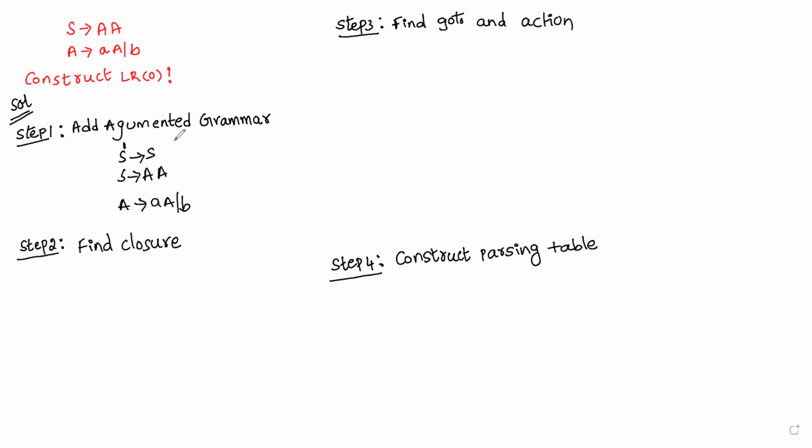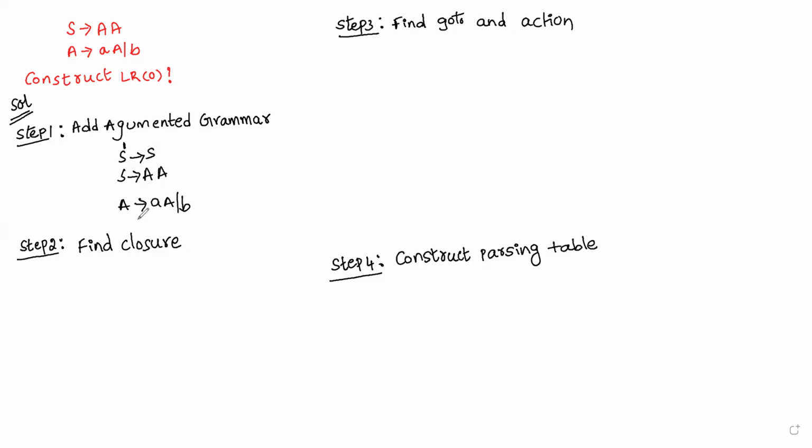So this is called adding augmented grammar to the given grammar. Here S → AA, A → aA | b is the given grammar, and S' → S is called the augmented grammar. So we completed step 1.